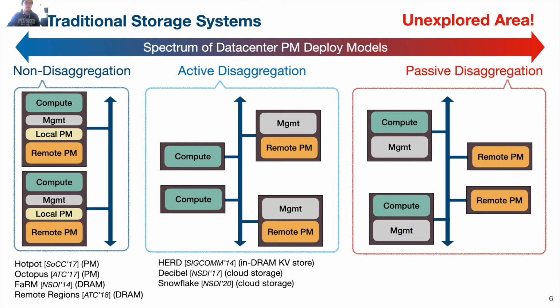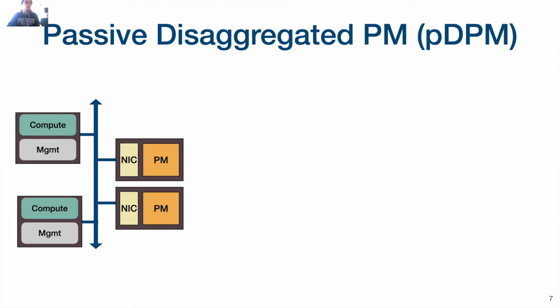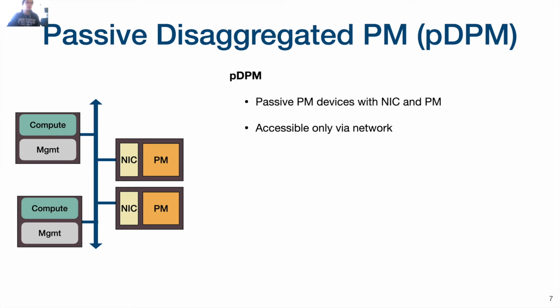However, there's a completely unexplored area, an area we call passive disaggregation. Like active disaggregation, regular servers run applications and PM nodes host PM. But instead of running the management layer within the PM nodes, passive disaggregation runs it at the compute servers. This work, for the first time, does a thorough study of the passive disaggregation model. With our PDPM model, PM devices only need to have a NIC and PM, and they're accessible only via the network.